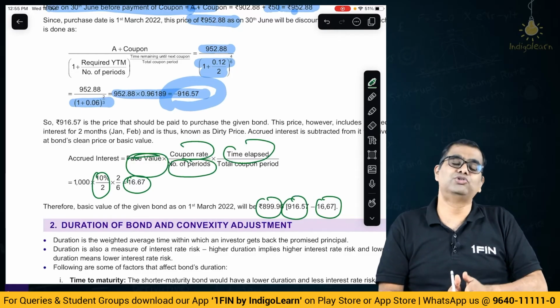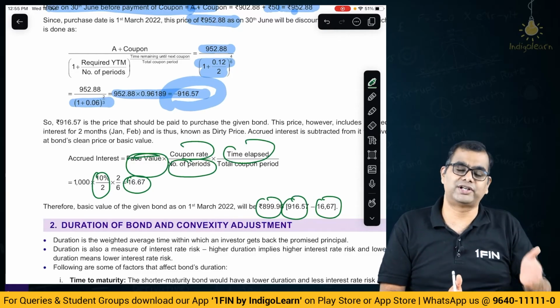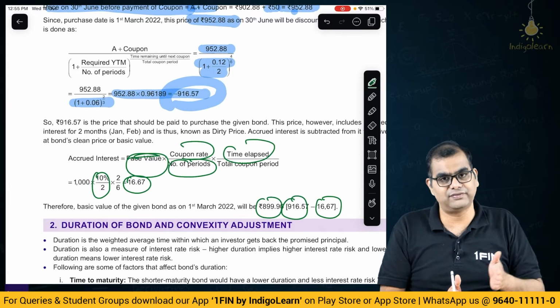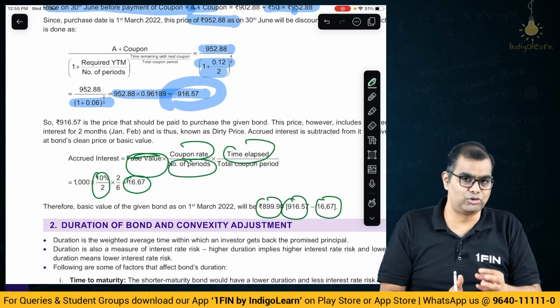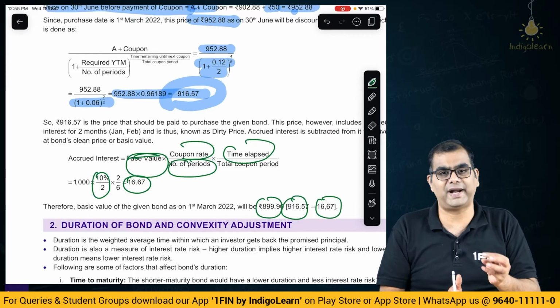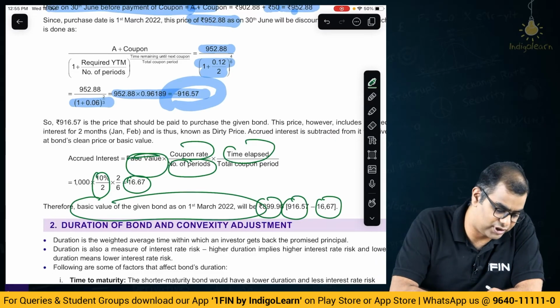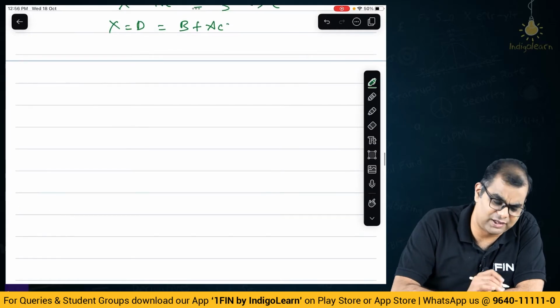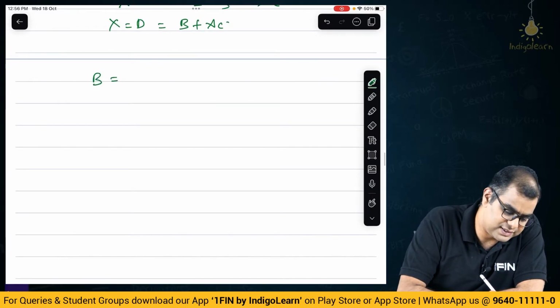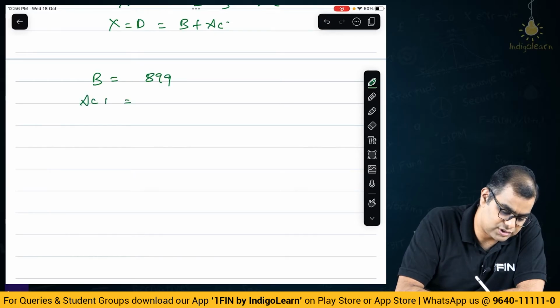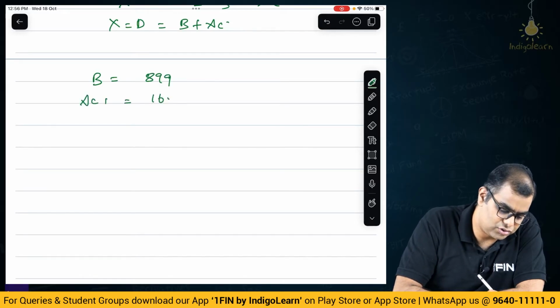However, you subtract the accrued interest, which is from 1st of Jan till 1st of March. That accrued interest you subtract from this price of the bond. So, basic value of the bond is 899. I am not adding exact numbers, I am taking round numbers. Basic is 899, accrued interest is 16, so total is 915.